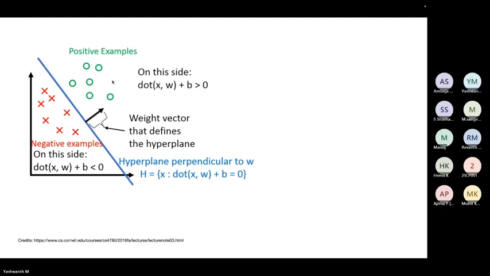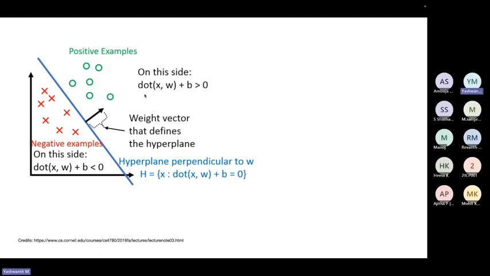The task of typical machine learning or deep learning algorithms is to find a classifier, or find a way to separate out these points, positive and negative examples.